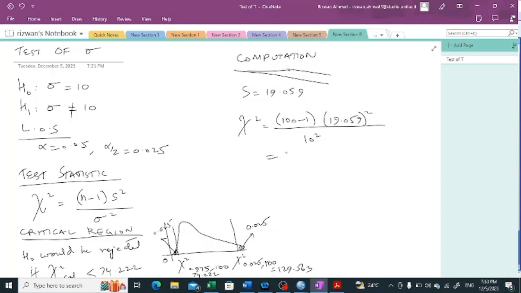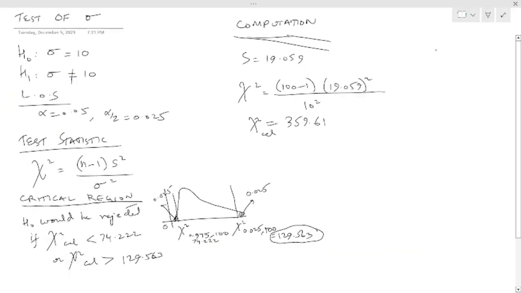What we got as the answer is 359.61, which is clearly falling in the rejection region. You can see if we compare it with 129.563. So this is the case of rejection.